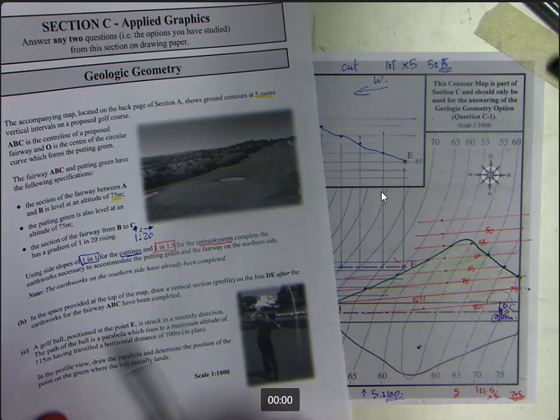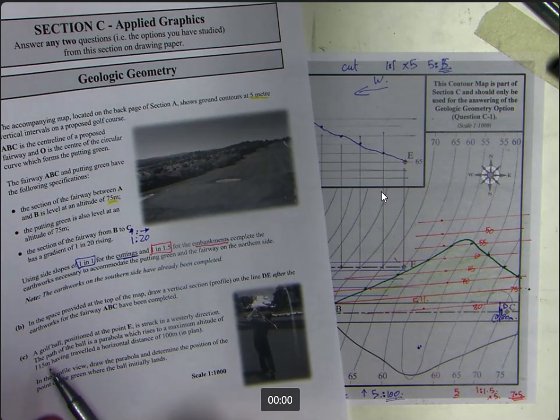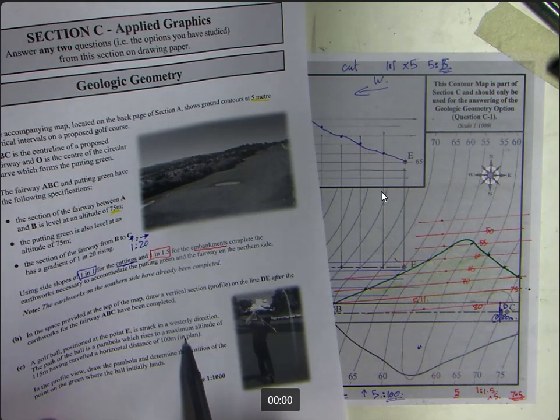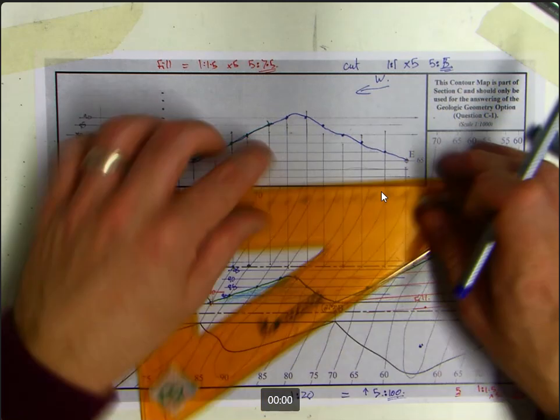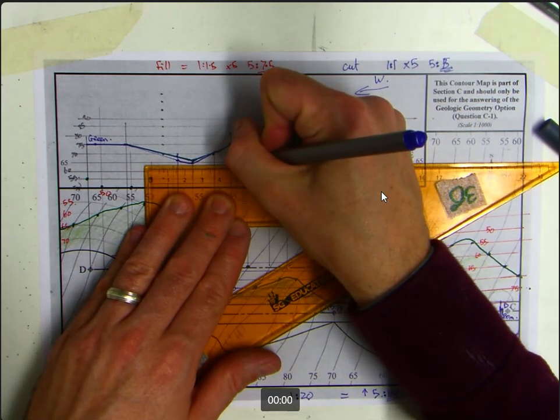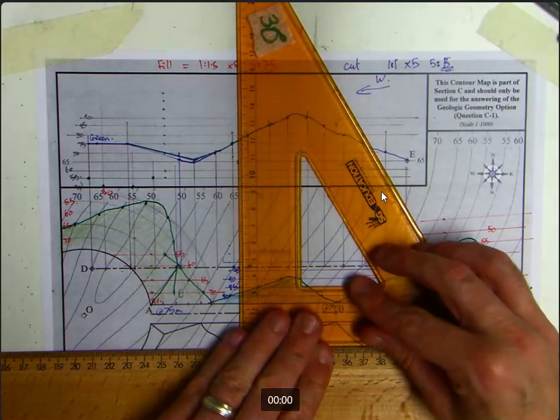And the path of the ball is a parabola which rises to a maximum altitude of 115 meters, having traveled a horizontal distance of 100 meters in plan. So for example, from E, after it's traveled 100 meters to here, bring this up in red.